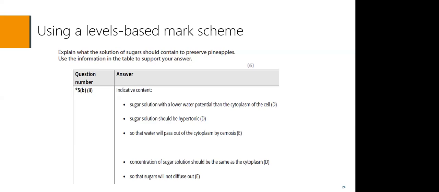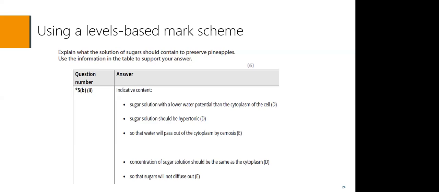First of all, they have the indicative content, which is an indication of the sort of creditworthy comments candidates might make. The indicative content that's included in an answer can be a good indication of the quality of the answer. However, depending on whether or not they've answered the question correctly, the number of indicative content comments a candidate makes and the score awarded to the response may not correlate.